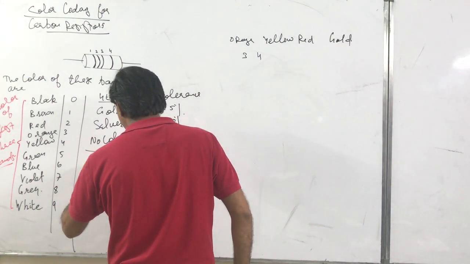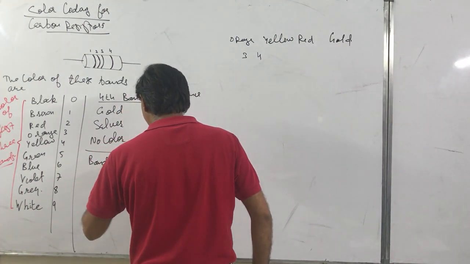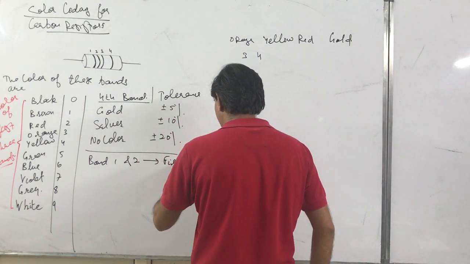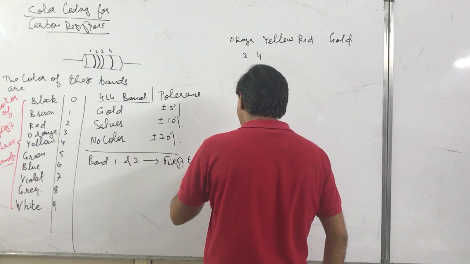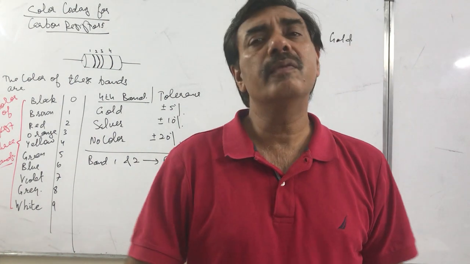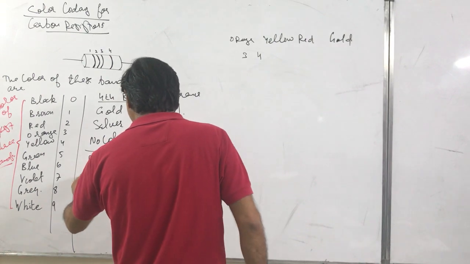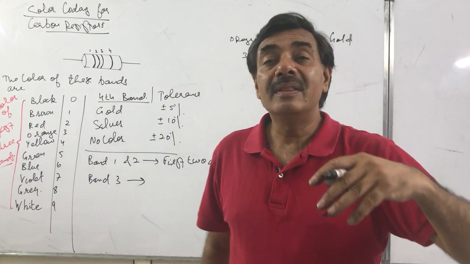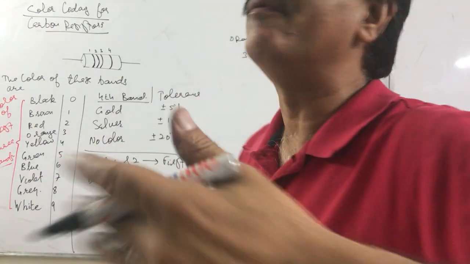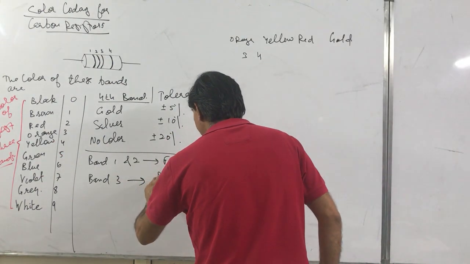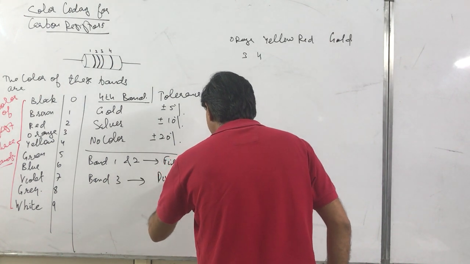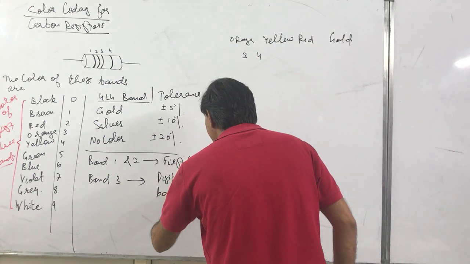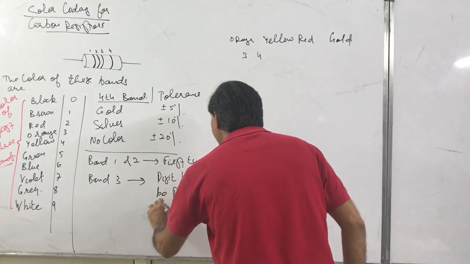The band 1 and 2 represent the first 2 digits, and the 3rd band represents that digit which will be the power of 10, the power to which 10 must be raised.